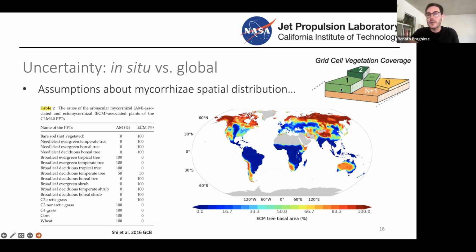So we have here an example. We have a model grid cell, and this grid cell is divided into different areas. And these different numbers represent different plant species. And what are some of these plant species? Well, for a botanist, that doesn't mean much really.